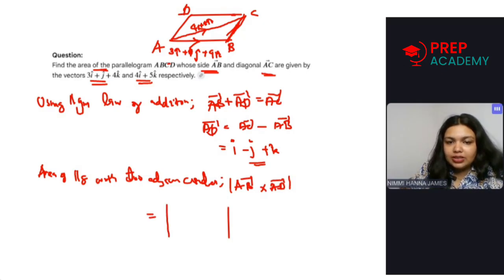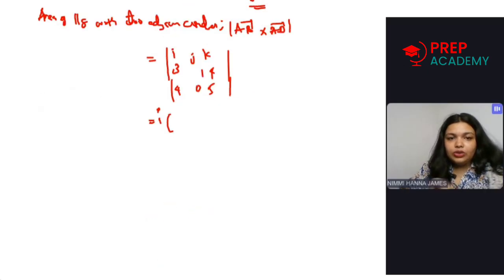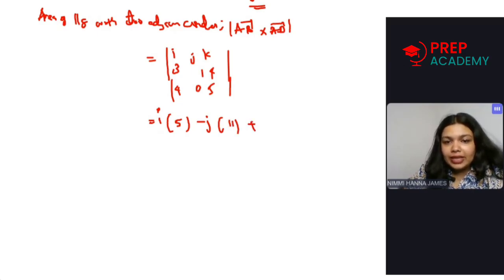So cross product is done like this: i, j, k. Components of AB vector is 3, 1, 4. And components of AD vector is 1, 0, 1... 4, 0, 5 as given. So using the determinant method, it is i into 5 minus 0, so 5i, minus j into 15 minus 4, that is 11, plus k into 3 minus 0 minus 4, that is minus 4.